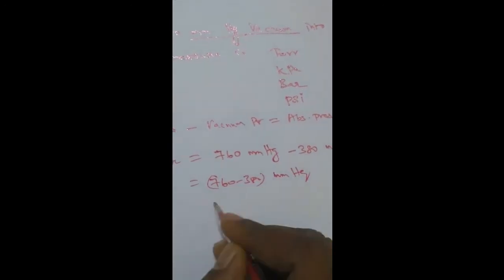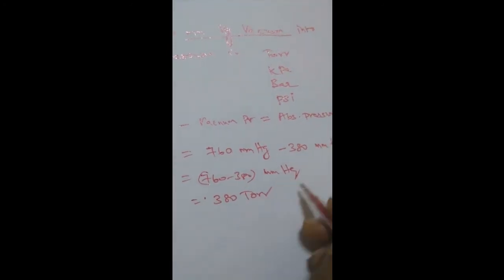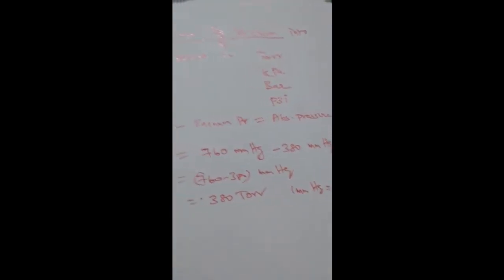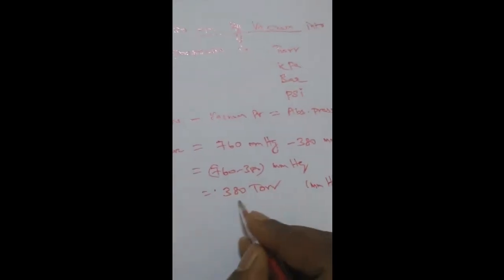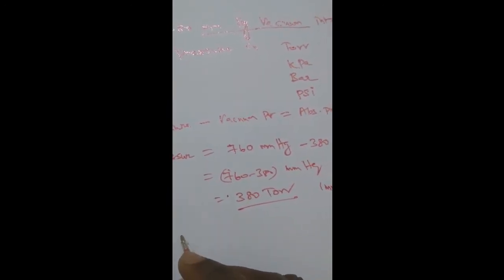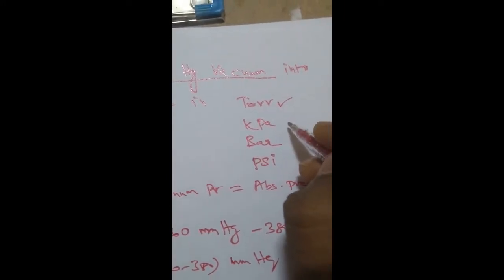The answer is 380 torr, since 1 mm mercury is 1 torr. So we have done it for torr. Now we will do it for kilopascal.